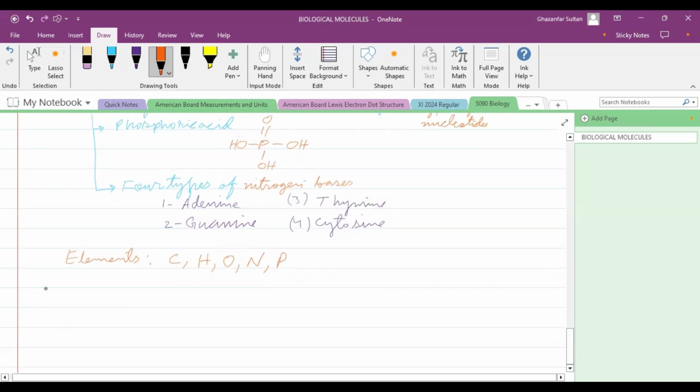So what is the composition of a nucleotide?